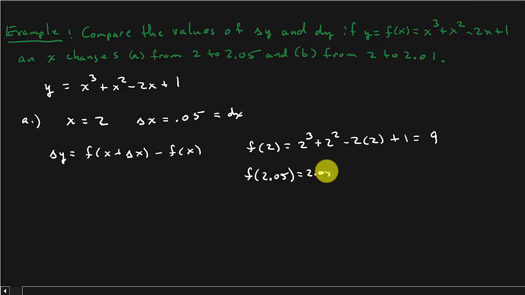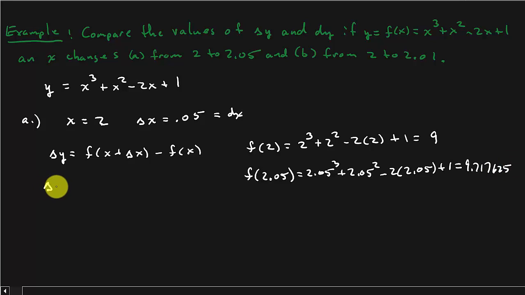So that's 2.05 cubed plus 2.05 squared minus 2 times 2.05 plus 1. And when we punch that into our calculator, we actually get 9.717625.